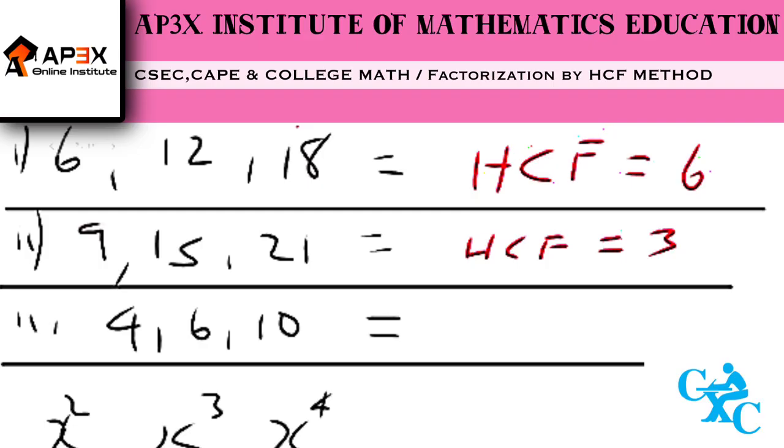Now we could try 3, but 3 is not exactly divisible into 4, nor is it divisible into 10. So there has to be a number less than 3, which in this case, by now you guys should guess that the HCF is in fact going to be 2.